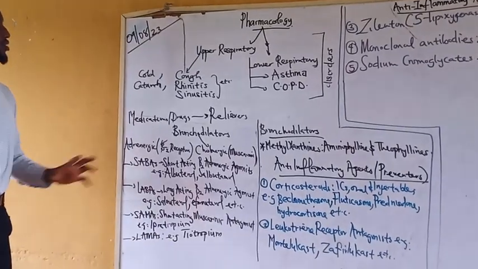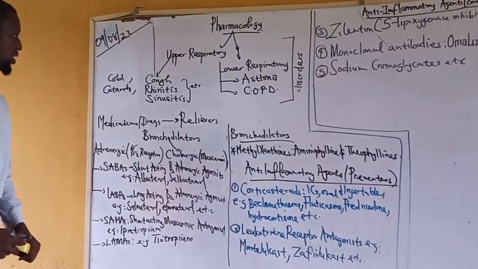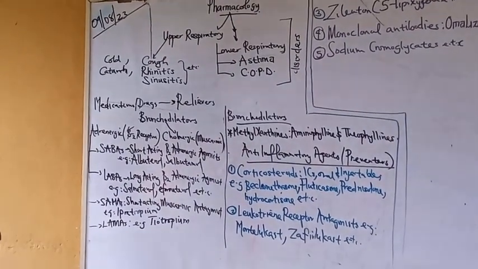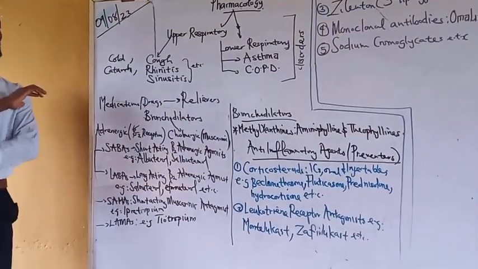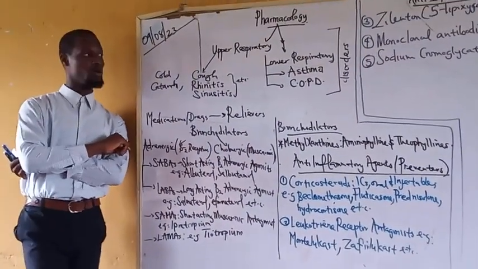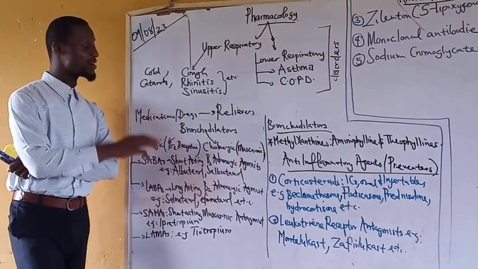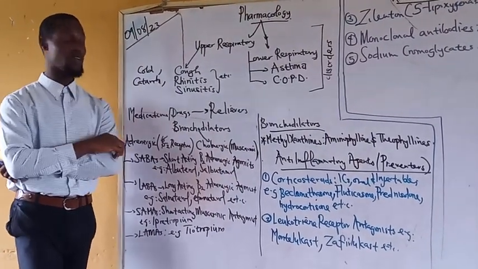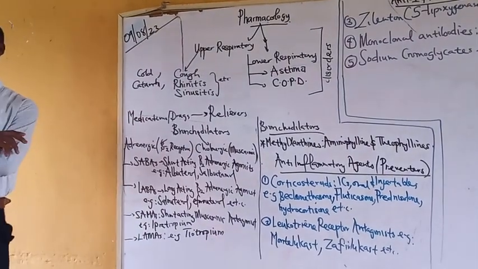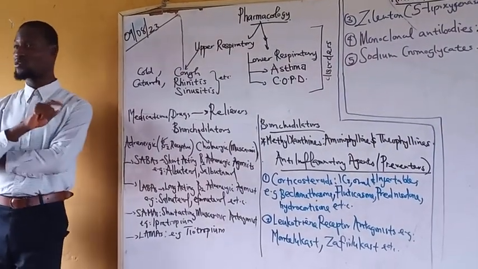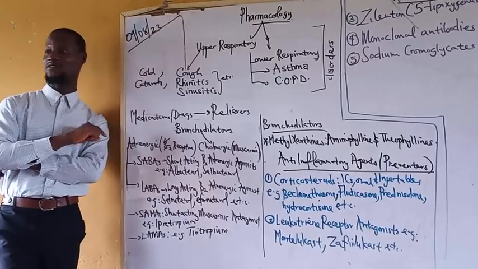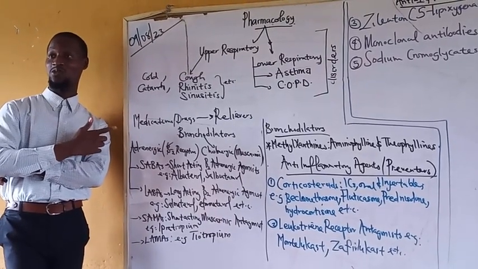Now, coming quickly to medications, which is our main area here, we discussed that most of the drugs we can give for asthma and COPD can be classified as either relievers or preventers. Most of them will be classed generally as a bronchodilator or an anti-inflammatory agent. Why do we need a bronchodilator?